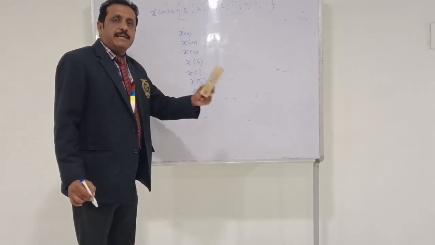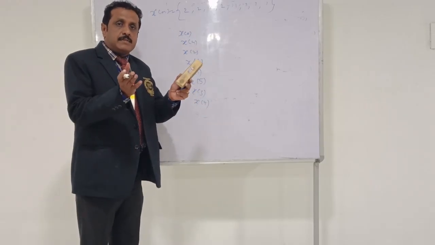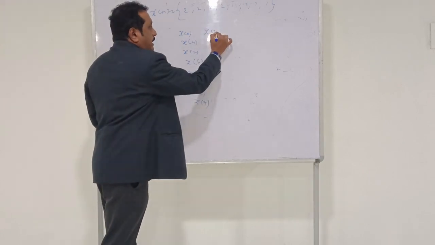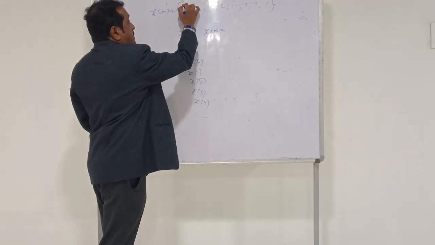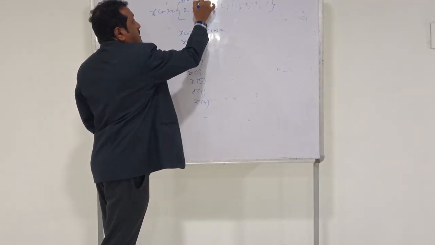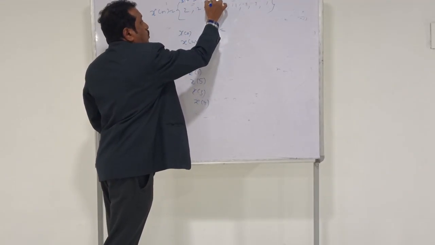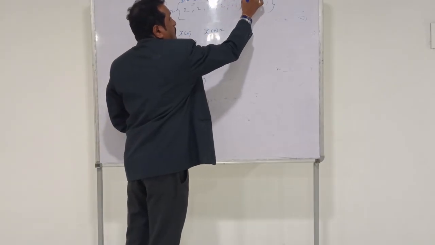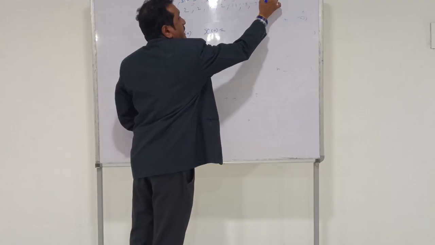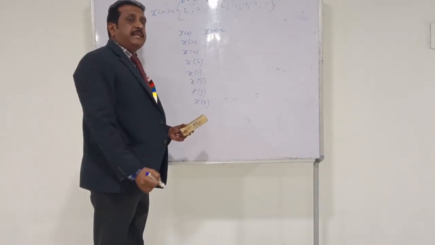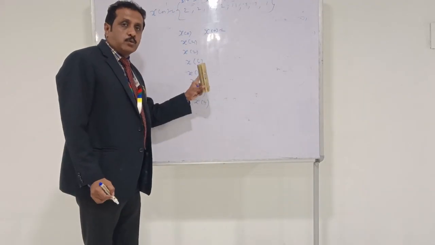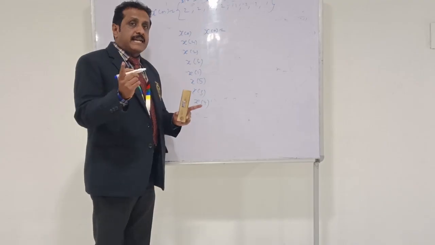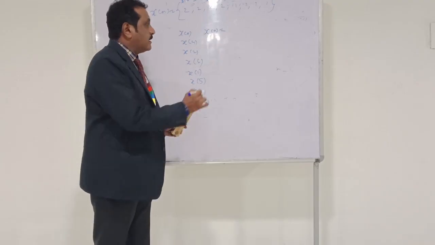This order is known as bit reverse. So the given sequence can be arranged in this order. The sequence given is in normal order, x of 0, 1, 2, 3, 4, 5, 6, 7. That can be rearranged into the order 0, 4, 2, 6, 1, 5, 3, 7. That order is known as bit reverse, and that is the input of the DIT algorithm.